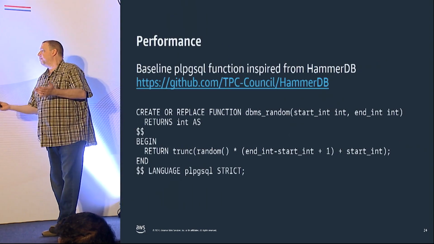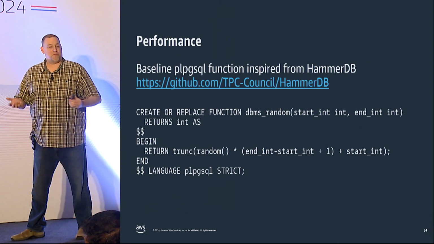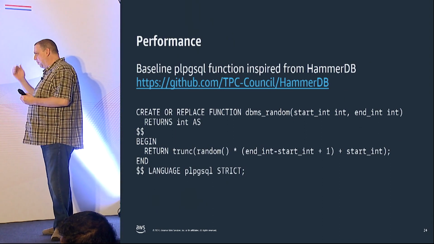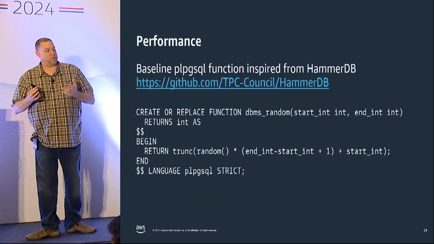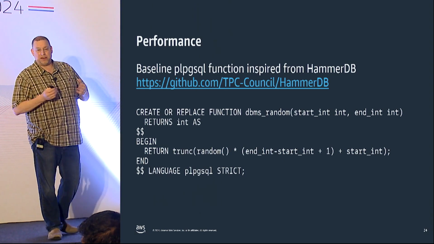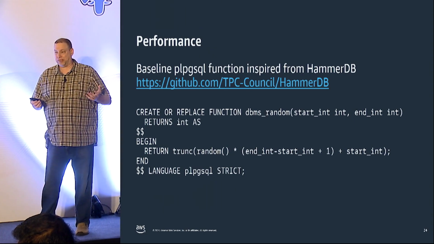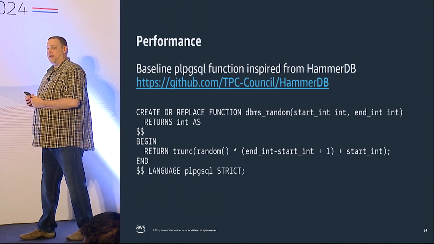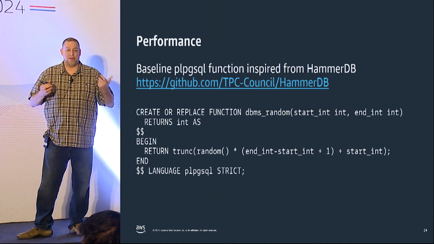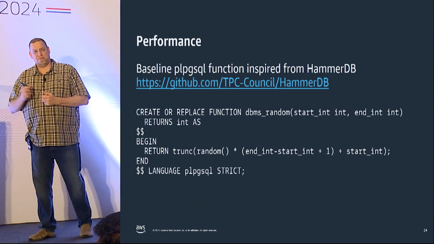So one of the big reasons why you want to use PL Rust would be around performance. HammerDB is one of the performance tools that people use in order to measure performance of an individual database, and it uses all stored procedures. One of the functions that it uses is dbms_random, in order to return a random number between a start and an end integer. And this is basically the code.